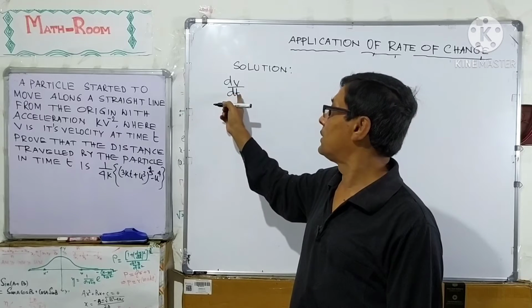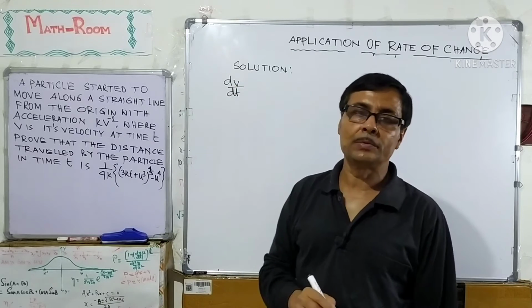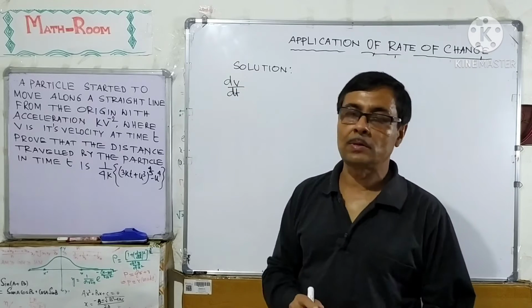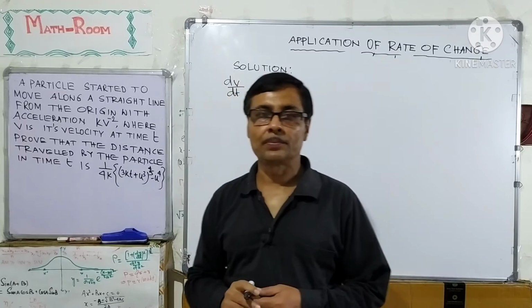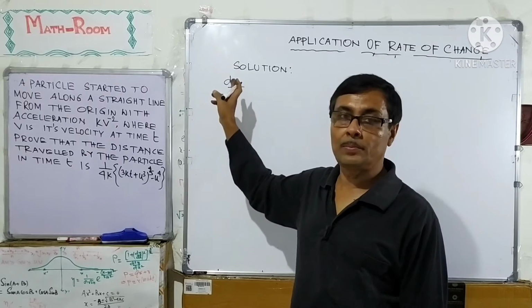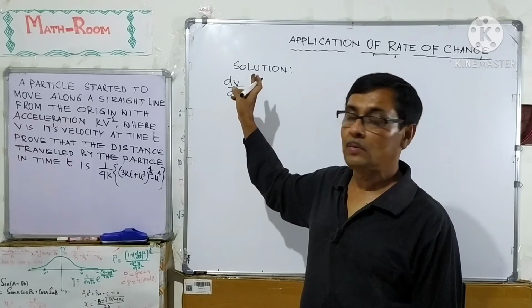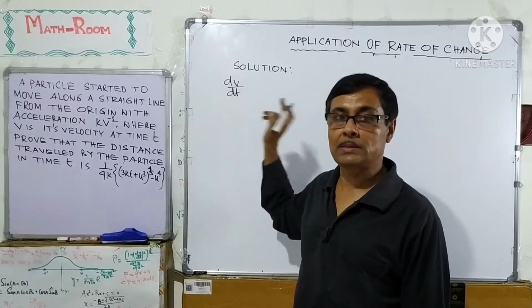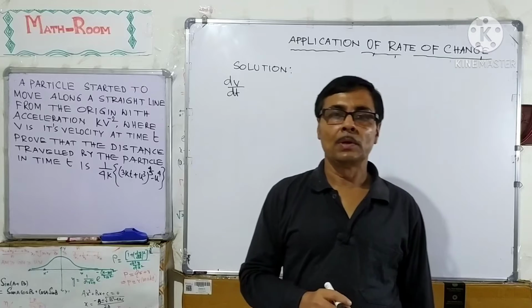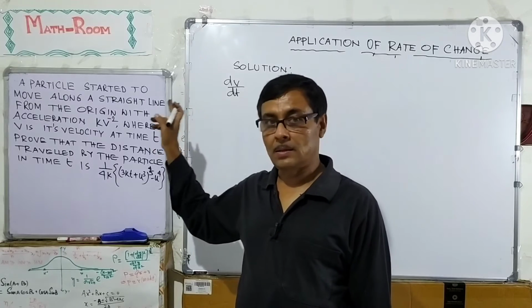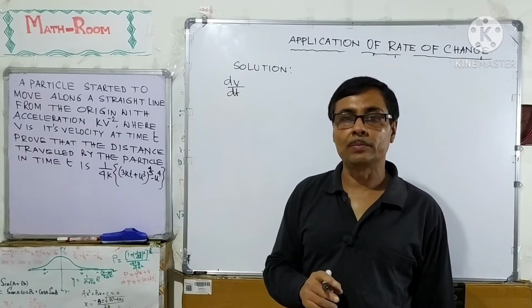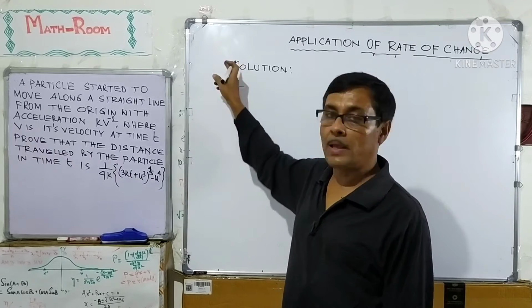The rate of increase in its velocity with respect to time t is called acceleration, that is dv dt.